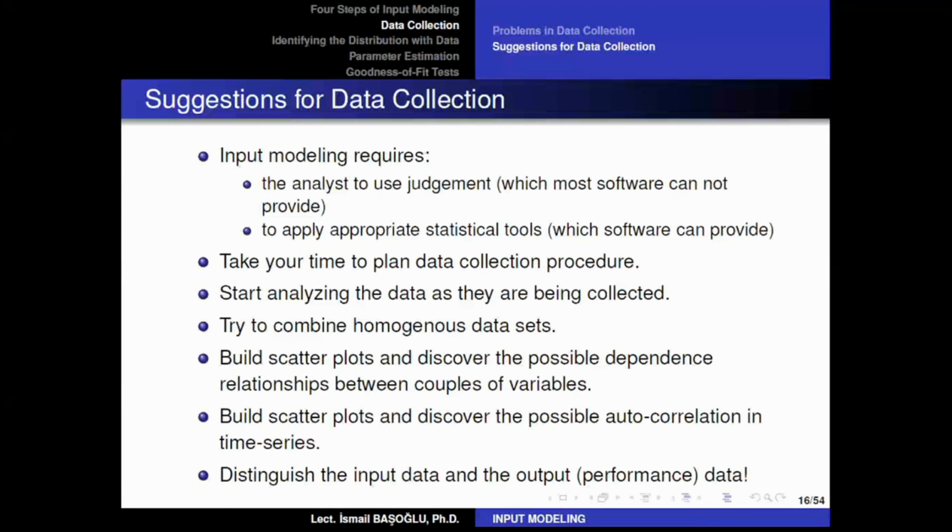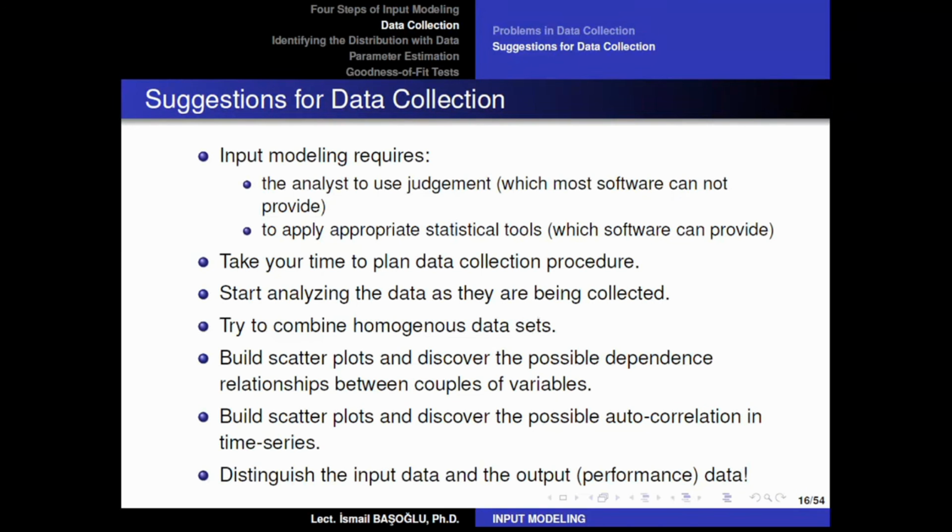So this output is a performance measure, and this performance measure is dependent on what? It is dependent on the arrival frequencies of the customers, the rate of service in cashiers, and the time spent in traveling by the customers in the supermarket. So it is dependent on the input variables.